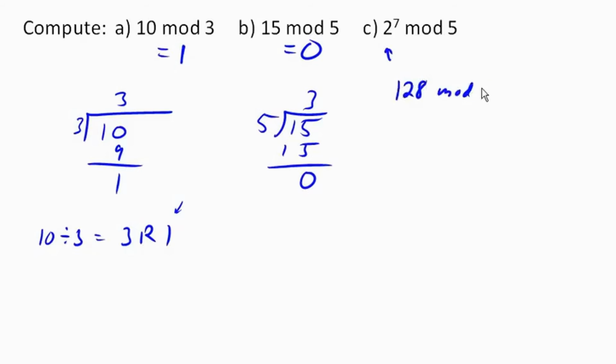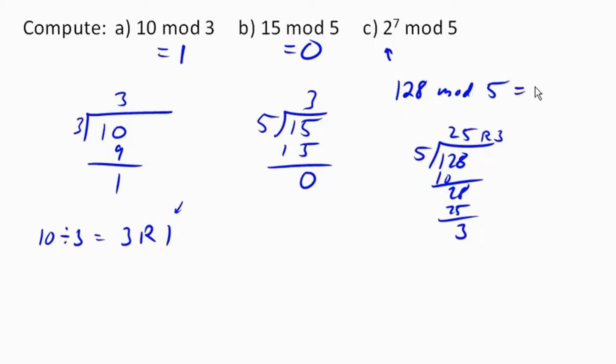So if we want to find 128 mod 5, we divide 5 into 128. 5 goes in 25 times, remainder of 3. So 128 mod 5 is 3.